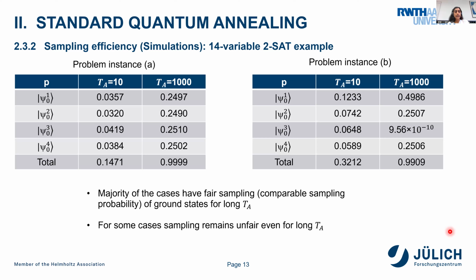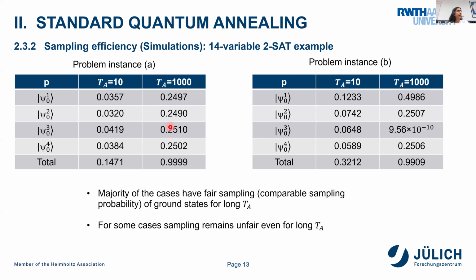Okay, so first I show the results for the simulations. And here I show instances of two 14 variable 2-sat problems. First, problem instance A, which was actually found to be the case for a majority of the problems in this set, where we see that if the chosen annealing time is sufficiently long, then the sampling probabilities are fair.